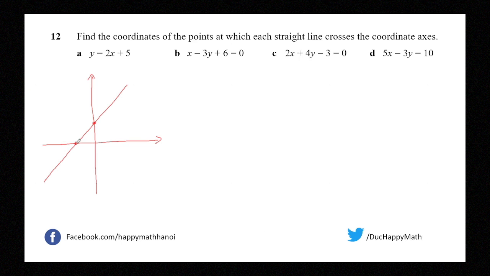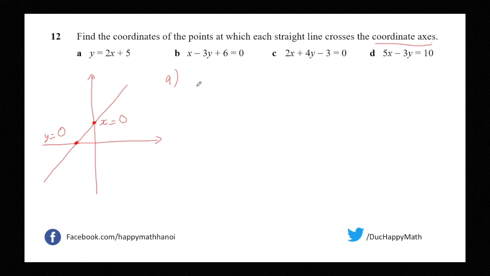If the point lies on the x-axis, y has to be equal to 0. If the point lies on the y-axis, x has to be equal to 0. So in this case you have to find the x-intercept point and the y-intercept point.